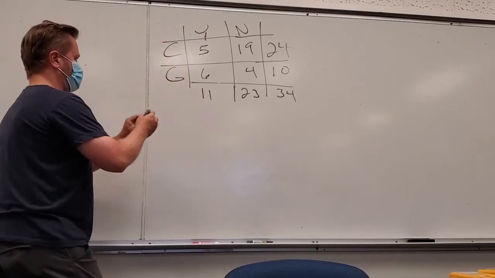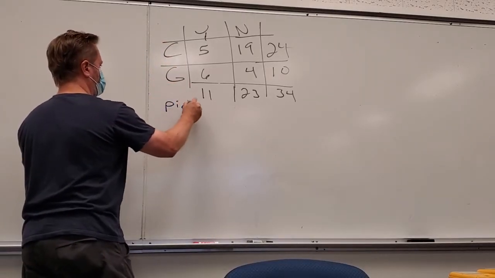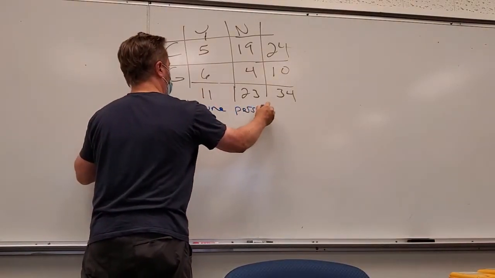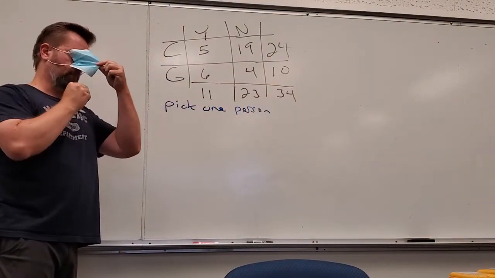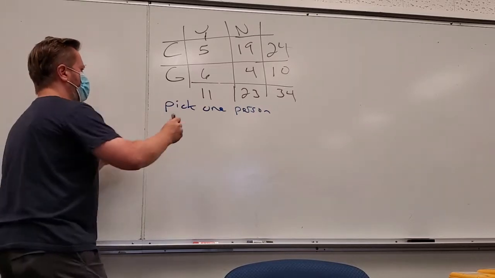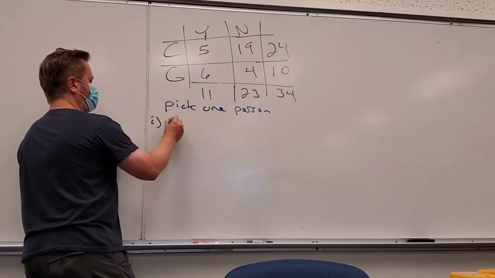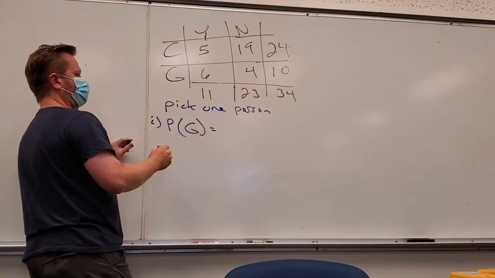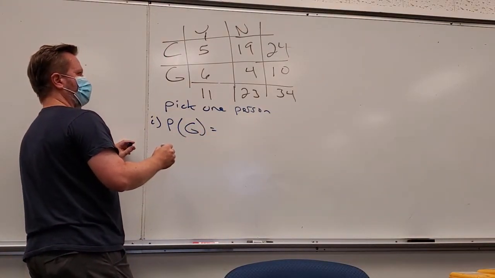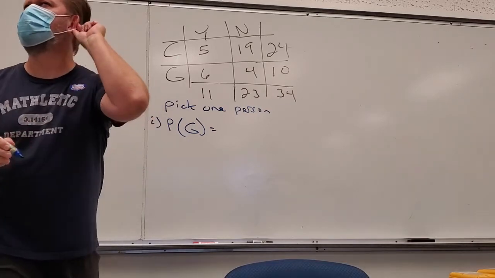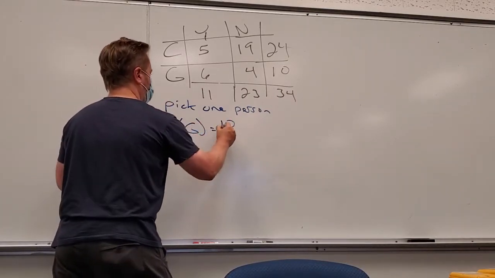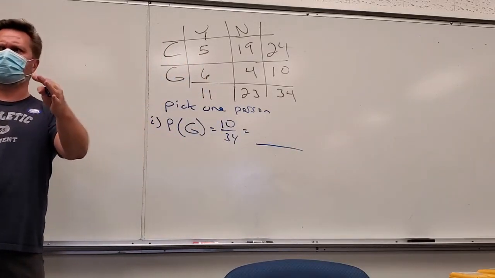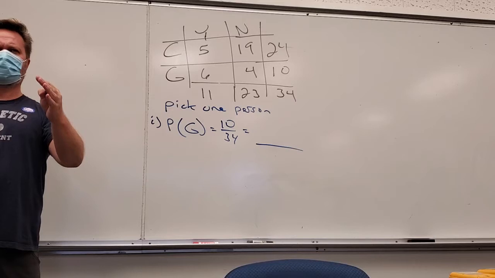So if I pick one person, what's the probability that you pick a Grossmont student? 10 out of 34. I like it. And do you guys remember what I said about how much to round the decimal answer to? 4 places.